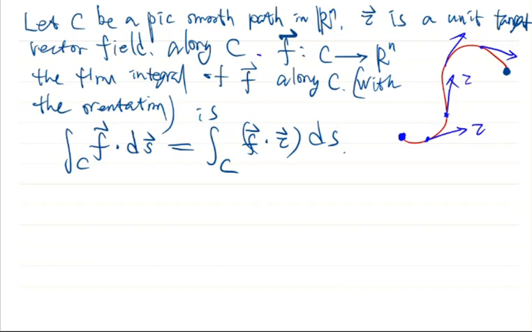Okay, note that the flow integral depends on the orientation. If we orient the curve in the reverse direction, so the tau shown in the picture means that the blue point is the starting point, and this is the end point.